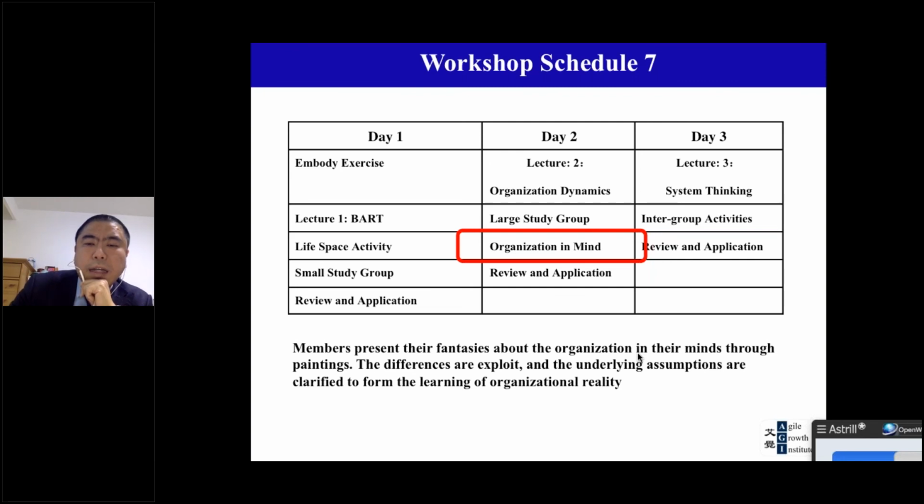In the organization in mind activity, members present their fantasies about the organization through paintings. The differences are exploited and underlying assumptions are clarified to form the learning of organization reality.